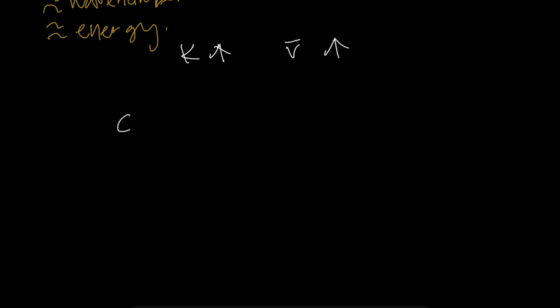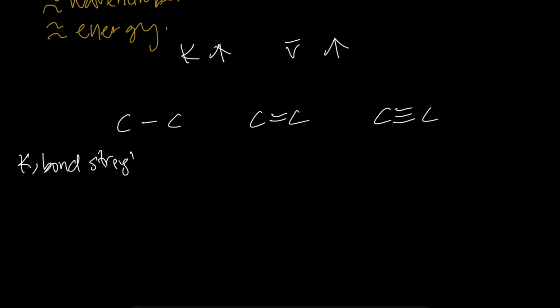Let's compare different carbon-carbon bonds: carbon-carbon single bond, double bond, and triple bond. The bond strength, K, is lower for the single bond, higher for the double bond, and the triple bond is the strongest.